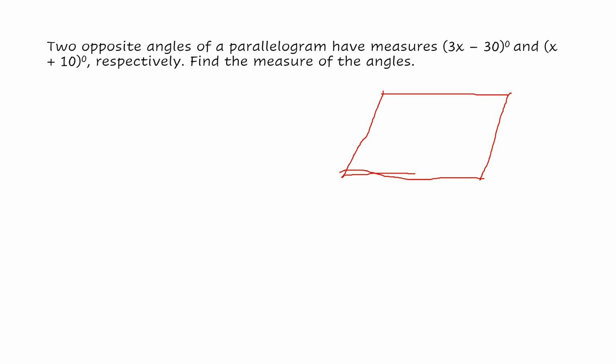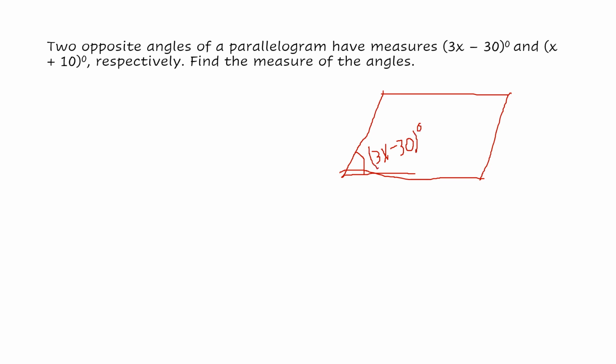And one angle has a measure of 3x minus 30. So we have to label it 3x minus 30 degrees.